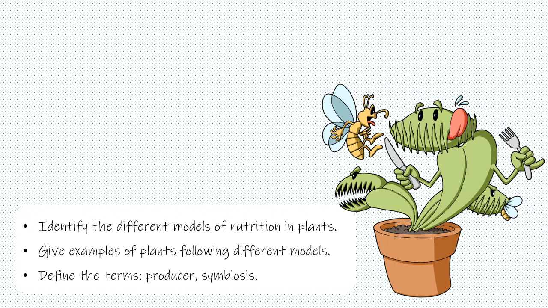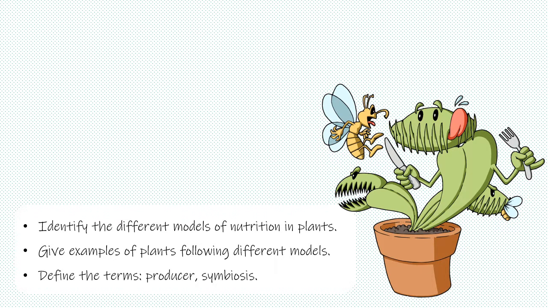A green plant like an apple tree, like a strawberry plant, is a green plant. They are producers. The Venus flytrap is a carnivorous plant, and we talked about how the alga needs help, and it composes a lichen with fungi or mushrooms.